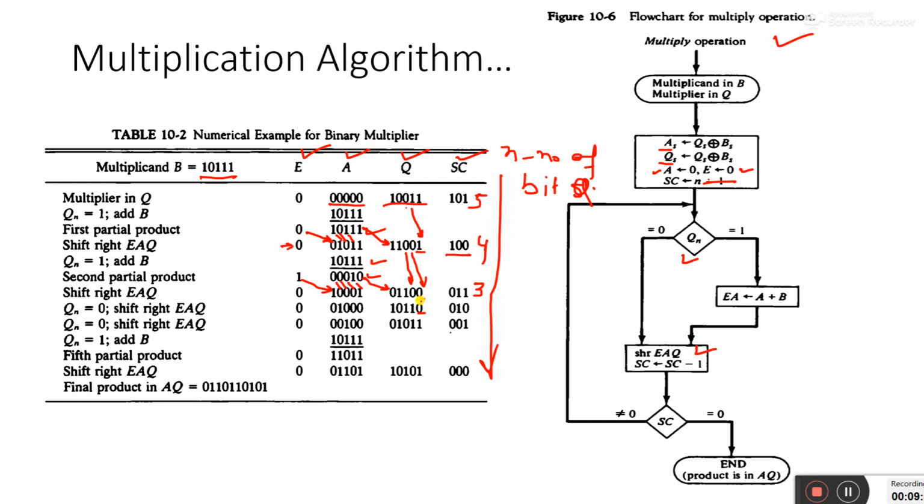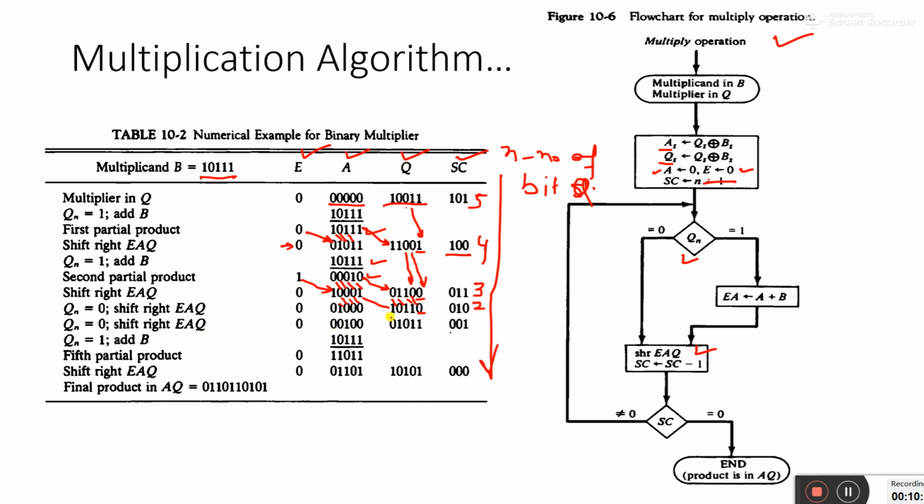Okay, this is a 0, so only shifting, no addition. So I have just made it shift here. So 0 1 1 0 1 0 0 0 1 0. Okay, now I have decremented it again.